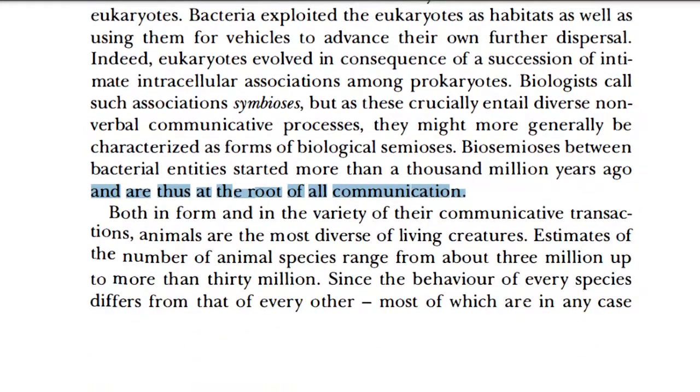Think about that. Both in form and in the variety of their communicative transactions, animals are the most diverse of living creatures. Estimates of the number of animal species range from about 3 million up to more than 30 million.